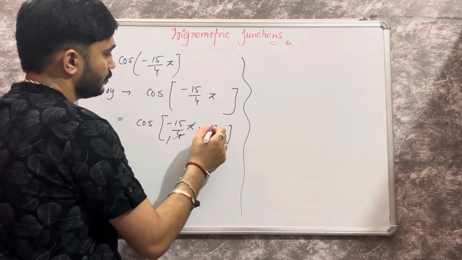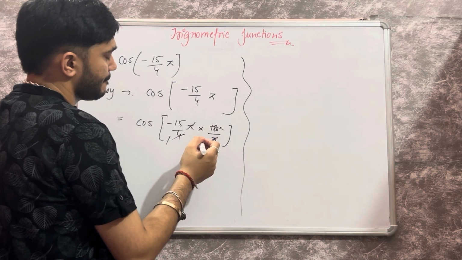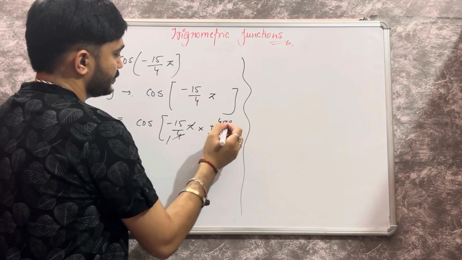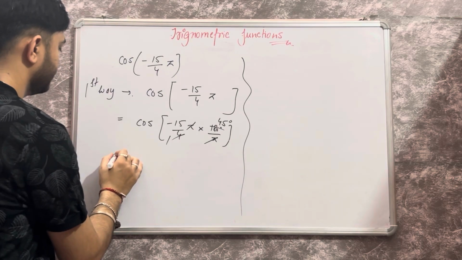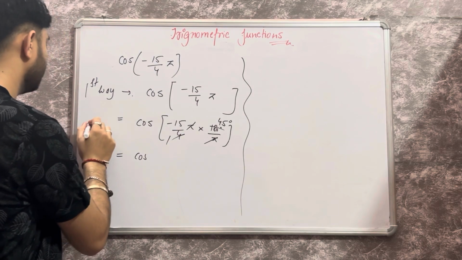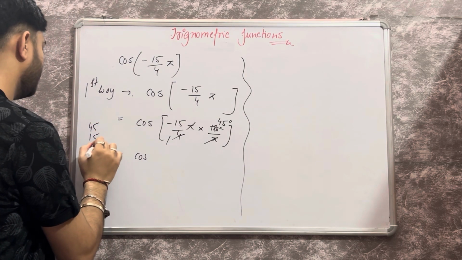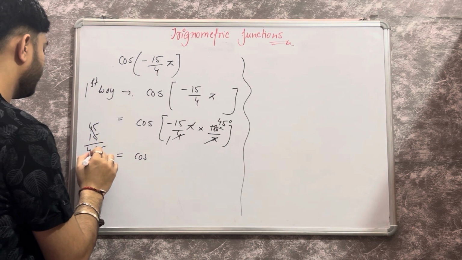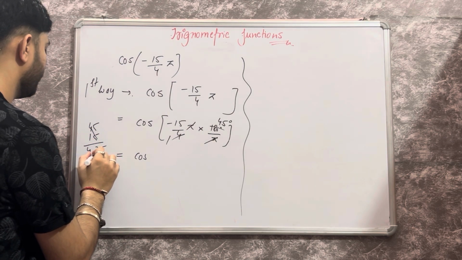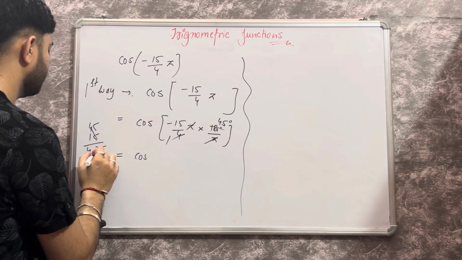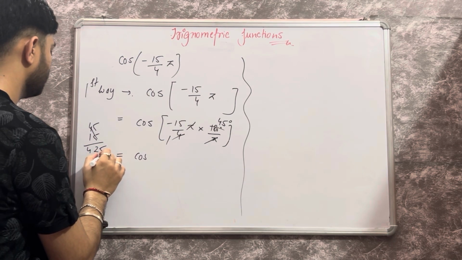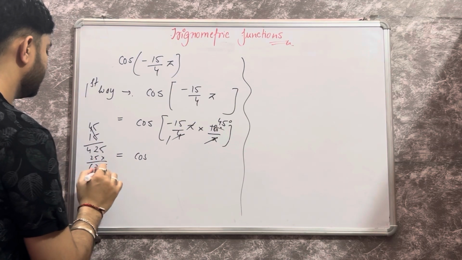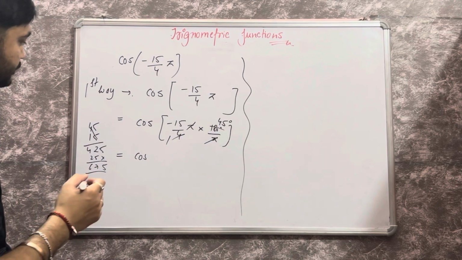Pi cancels. 4 ones are 4, 45. Cos, 45 into 15 is 675.